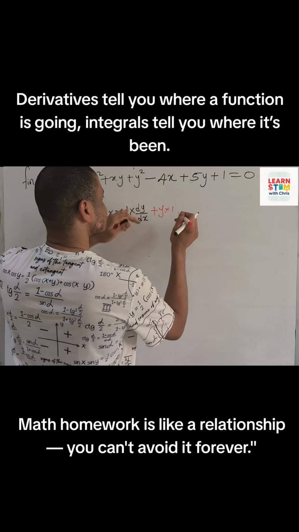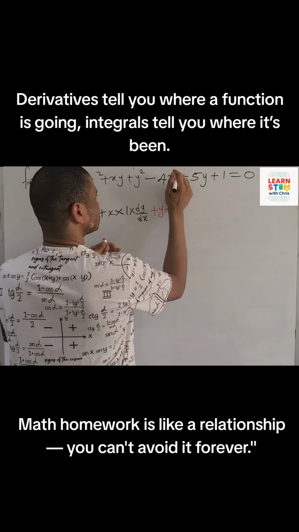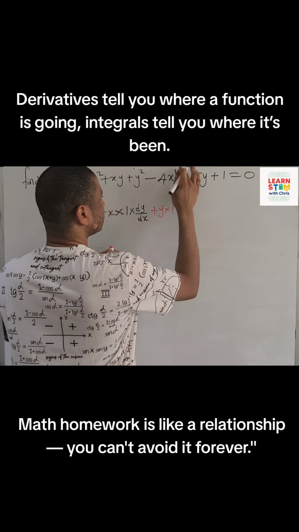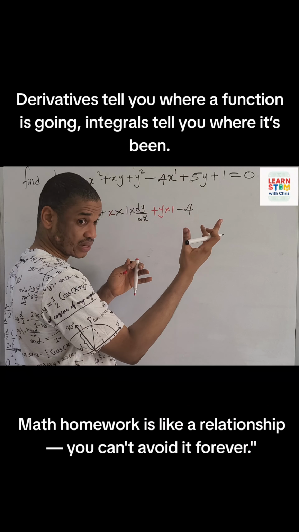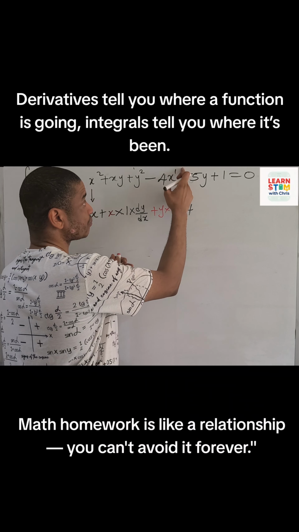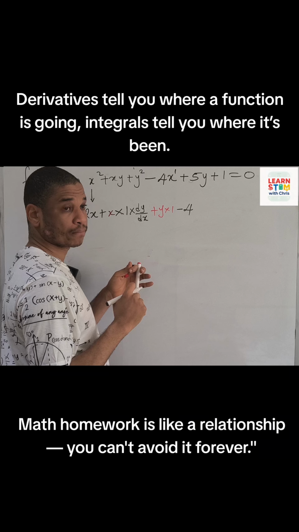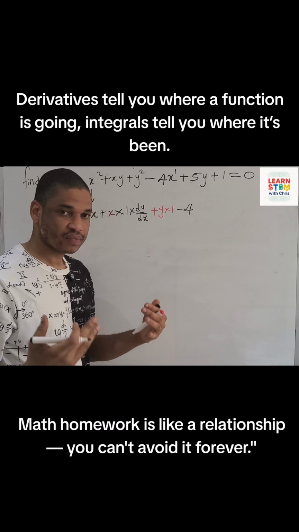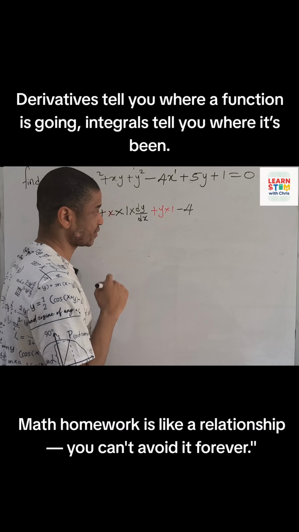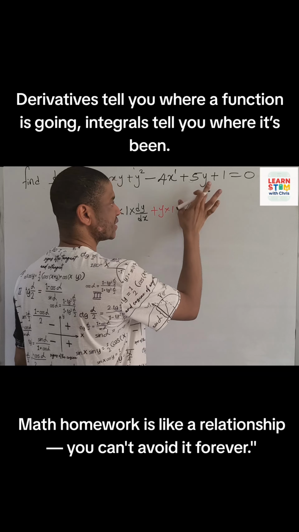From here, this is very easy. Minus 4y: if you differentiate, bring 4 times 1 is 4, then we have 1 minus 1, which is 0. Anything to the power of 0 is 1. Don't forget that there's y here.